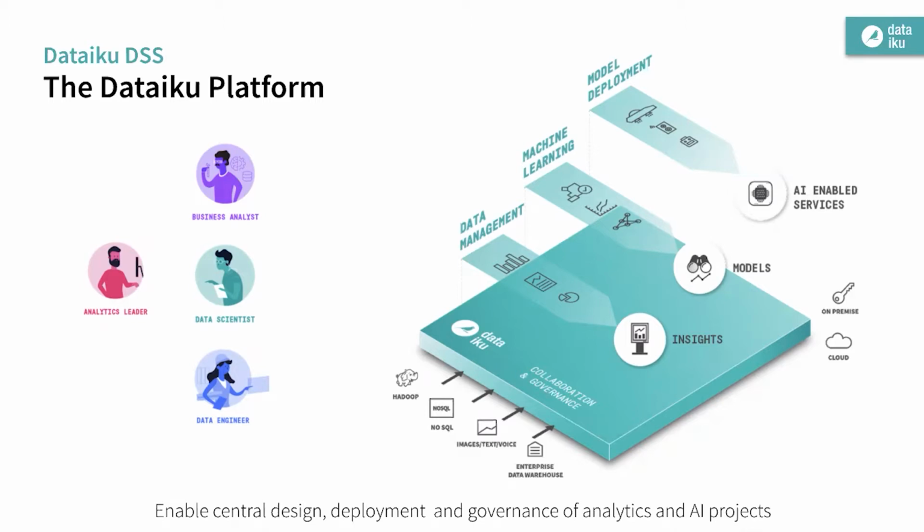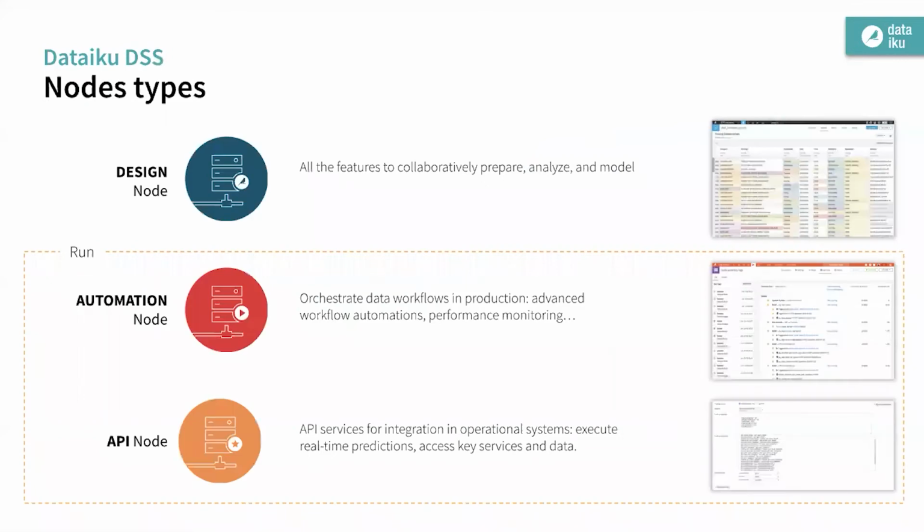Before we move to the actual demo, a quick word on what DSS is made of. DSS has 3 types of nodes. The first one is called the design node, where, let's say, 95% of the users will be working.